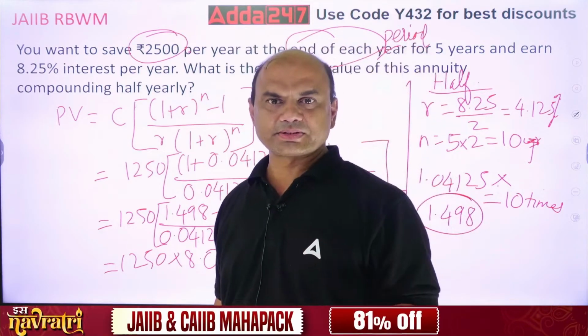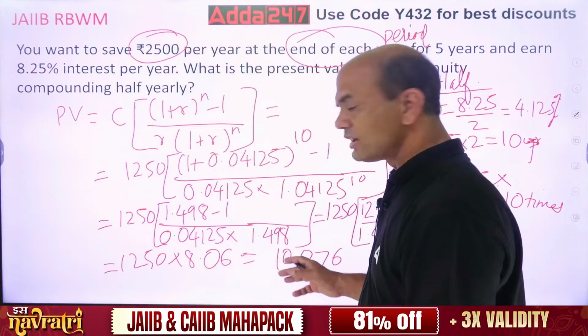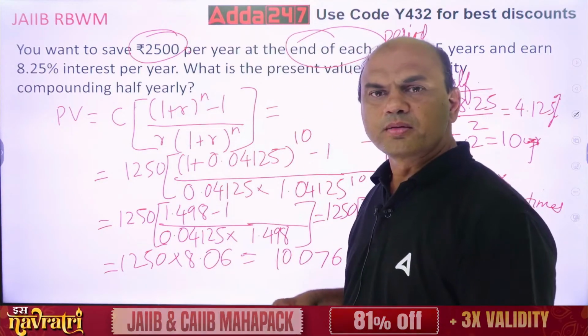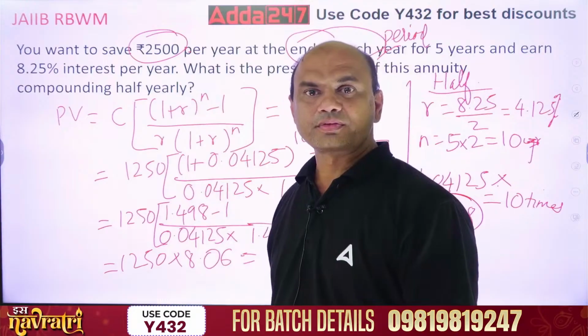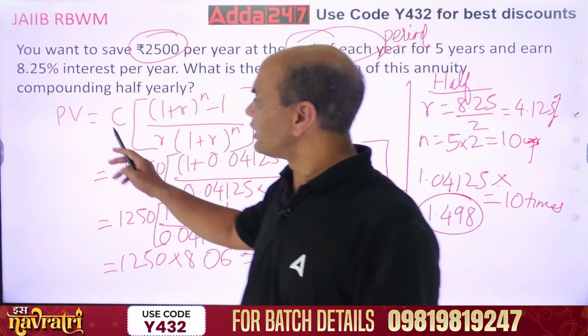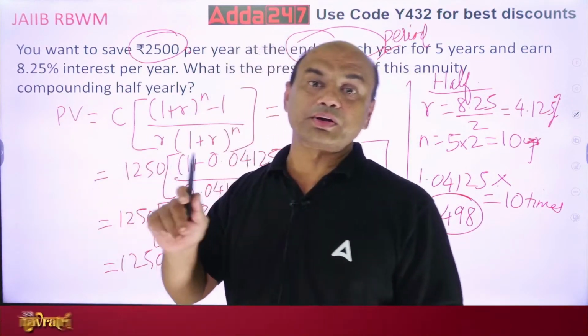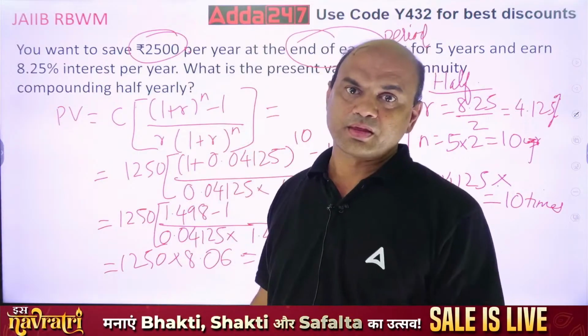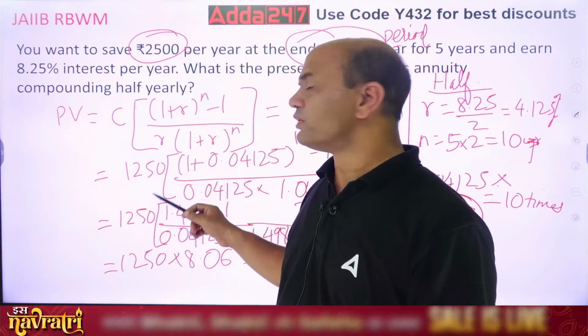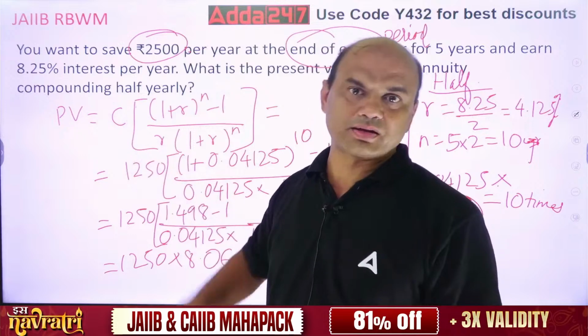Minimum I must get that. What am I getting? 10,000. How come? My value should be higher. Kindly note, we are calculating present value. We are not calculating future value. If you are calculating future value, then the figure will be different.